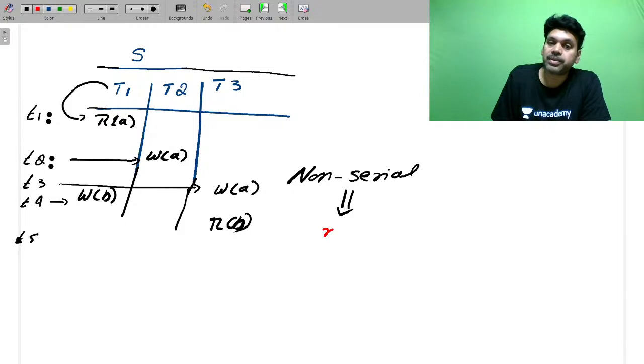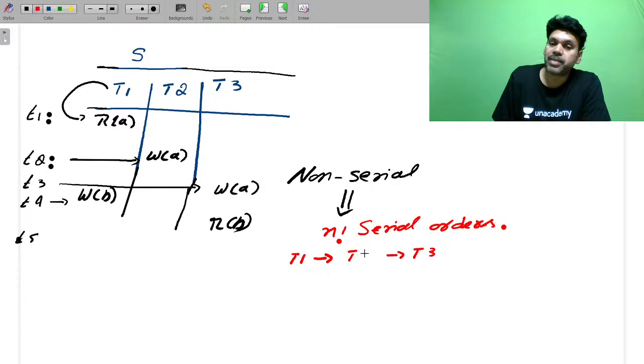As I told you, you can derive n factorial serial orders. One is T1 will start, T3 is going to end, and the middle is T2. The other one, T1 will start, T2 end, in the middle T3. The next one is T2 starts, then T1 and T3.